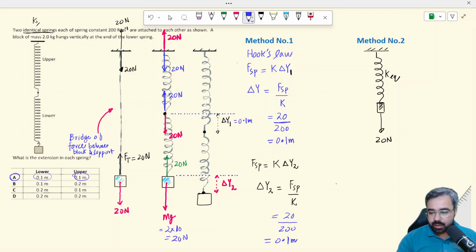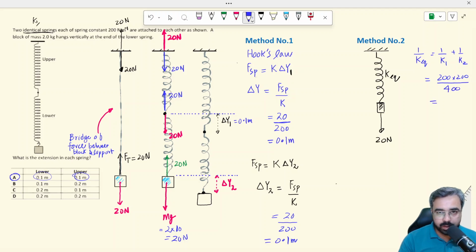When two springs are in series, we always apply this equation: 1 over k equivalent is equal to 1 over k1 plus 1 over k2. But I always prefer a very easy technique: you just multiply 200 and 200 in the numerator, and add them in the denominator. That would give you the same answer. So the answer will be 100 Newton per meter.